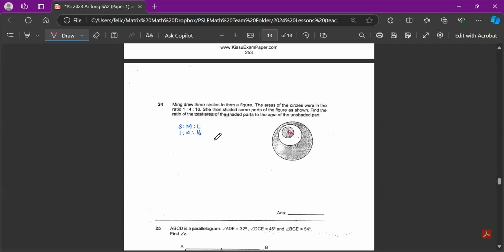So to find this white part, you have to take 4U minus away 1U. So 4U minus 1U to find the unshaded part. So the unshaded part is actually 3 units here. Let's write it down in the diagram.